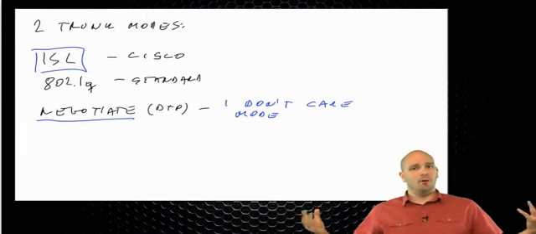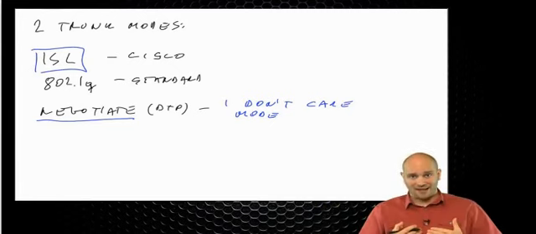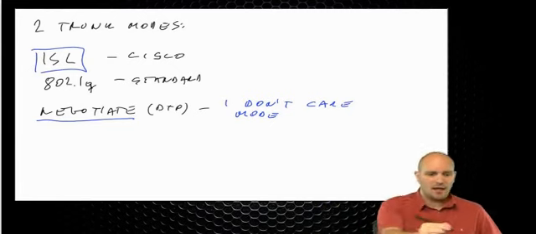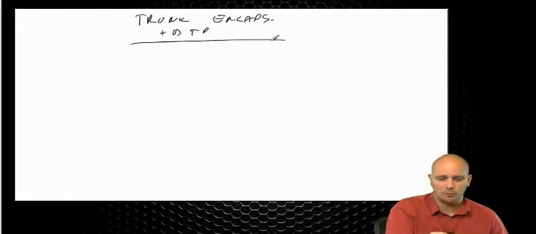That means if both of them are in "I don't care" mode, they're actually going to fall back and use ISL. So basically, the possible combinations that you have here are trunk encapsulation and DTP. So these are the possible combinations that you can have.